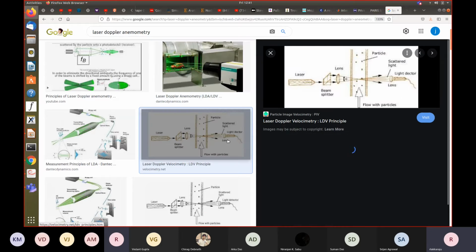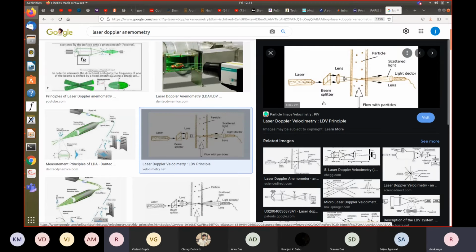Sound waves will be passed, light waves will be passed, and how it is scattered, based on that, one can calibrate. The change in frequencies and so on, one can calibrate it, maybe with which velocities, accelerations it is going and so on.